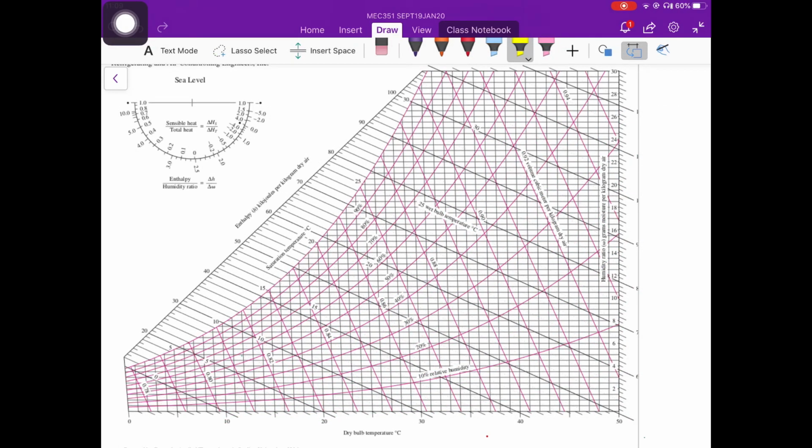As mentioned, we have 7 properties presented in the psychrometric chart.